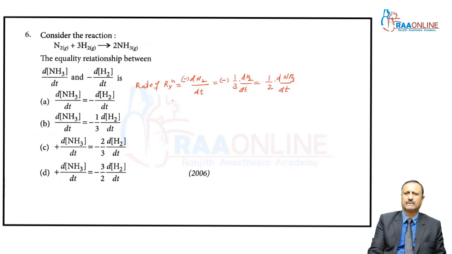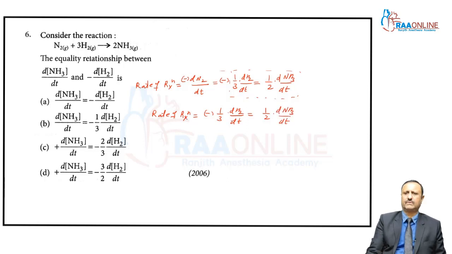So you can take only ammonia and hydrogen from this rate law. Here this one. Then you can take the rate of reaction, that equals minus 1 upon 3 dH2 upon dt, that equals 1 upon 2 dNH3 upon dt.